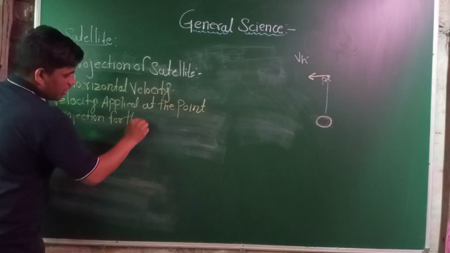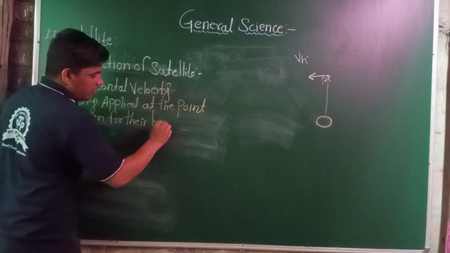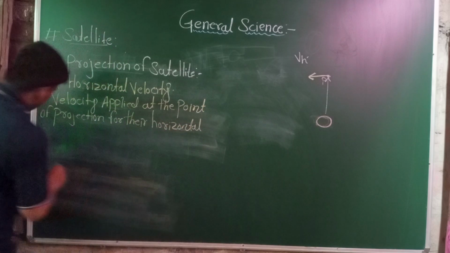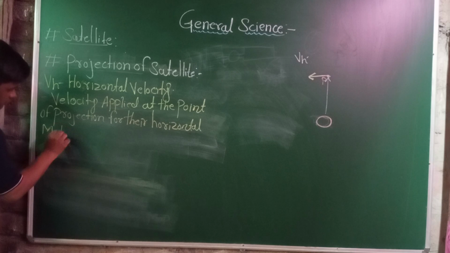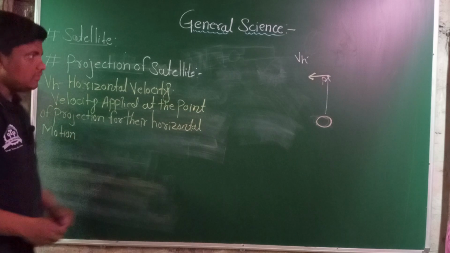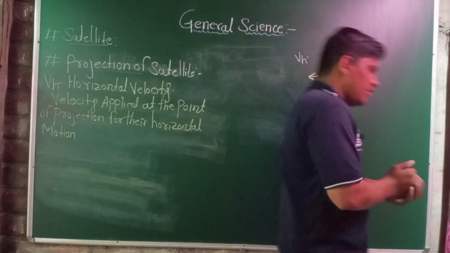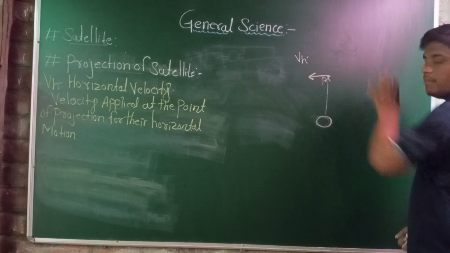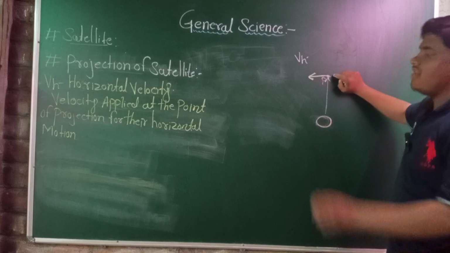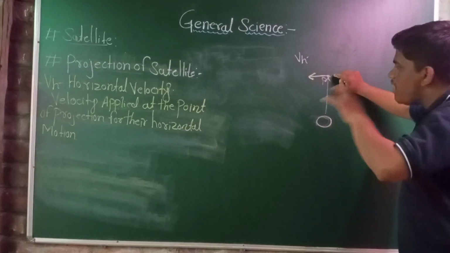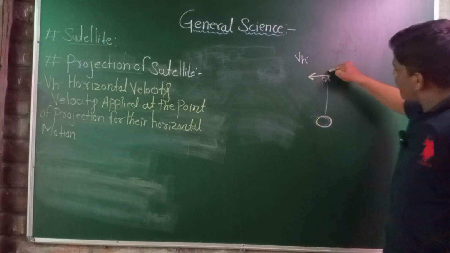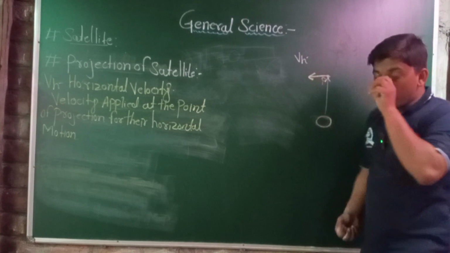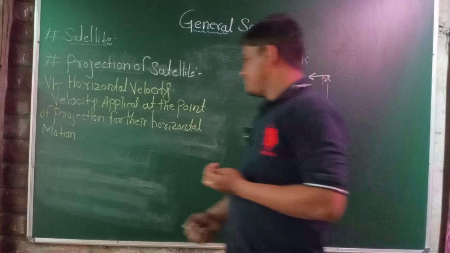For its horizontal motion, the horizontal velocity Vh is applied, a certain velocity applied at the point P. This point P, the point of projection, is where a certain velocity is given for the horizontal motion of that particular vehicle or rocket.